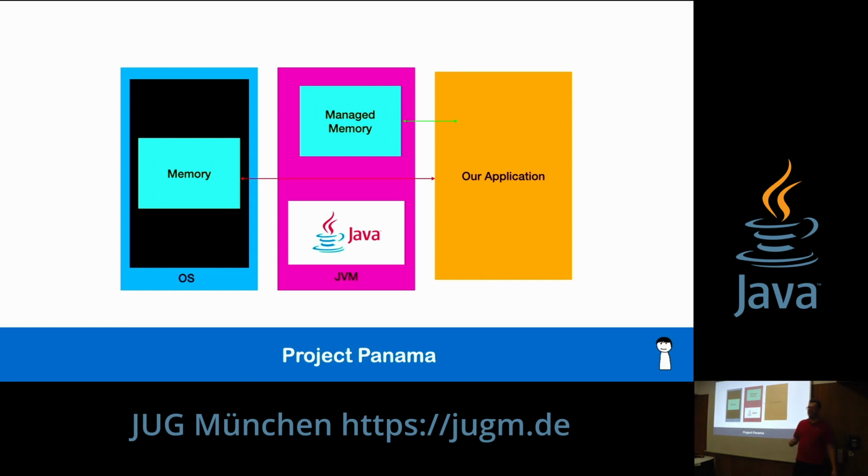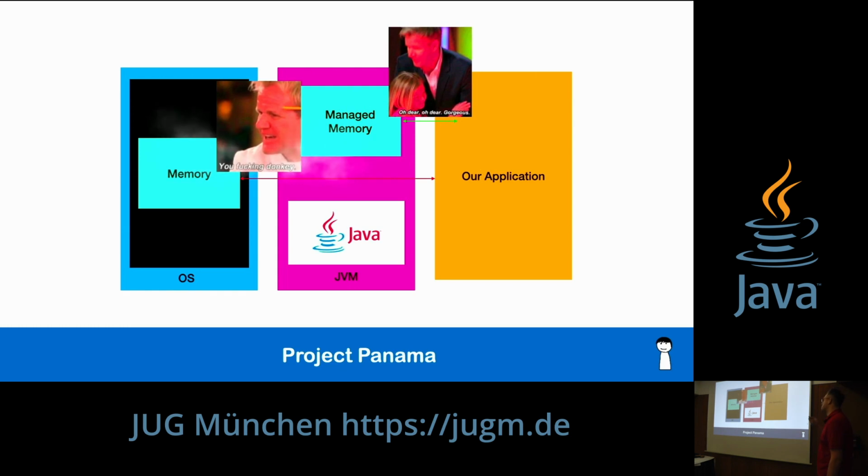So Project Panama provided a better way to support Java applications. Whenever you are using managed memory, you have a big hack from the virtual machine. Whenever you are using sun.misc.Unsafe, everything wrong could happen.